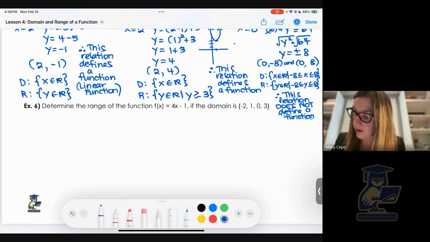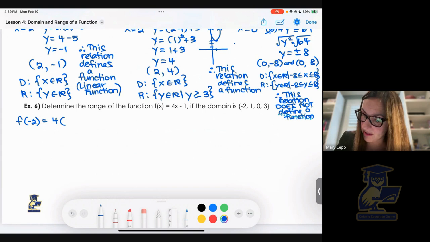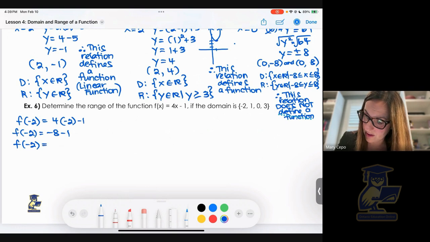So we're going to figure out what is f at -2 by simply subbing into the function given. Where we see x, we're going to replace it with -2, and we're going to subtract 1. So f at -2 is going to equal -8 minus 1. F at -2 is equal to -9.